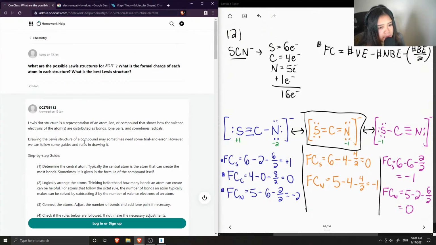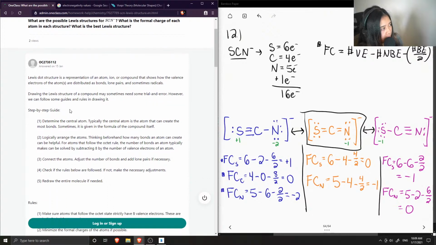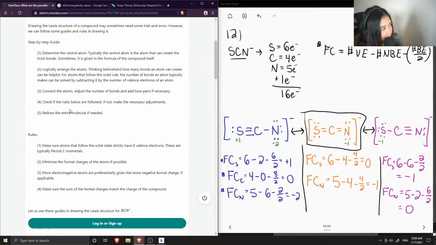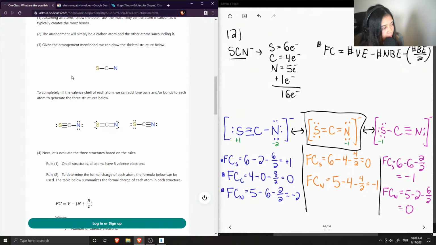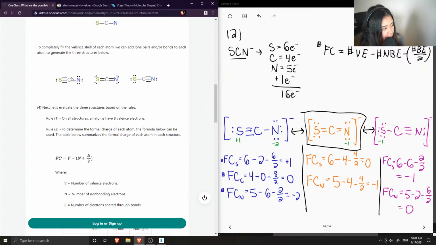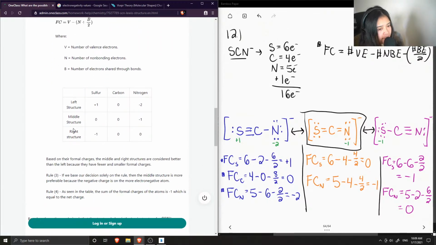Okay, so let's see what the junior tutor said. They explained a Lewis dot structure and had all the different steps and the rules. And you can see there are 3 different options, and all of the formal charges in a helpful table.